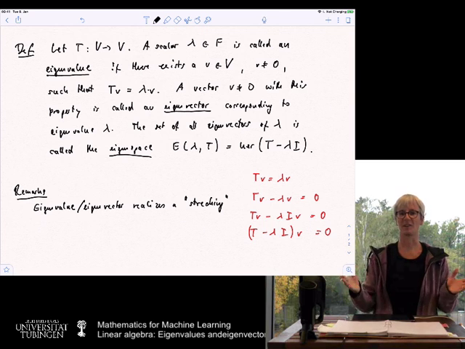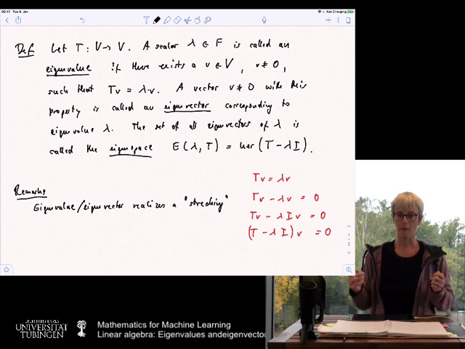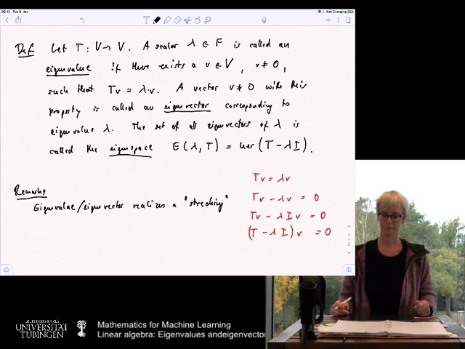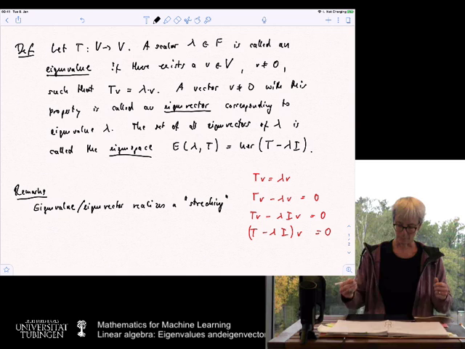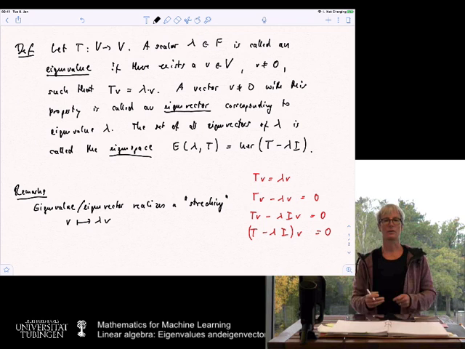I don't know whether this is the correct English term. What I mean is that we have a linear mapping, and in one direction it just stretches the corresponding vector by the factor of lambda. So what happens is this linear mapping maps v to lambda times v, so it just stretches this vector.